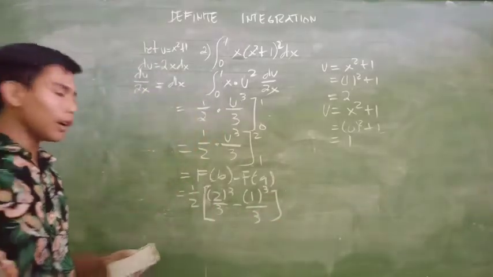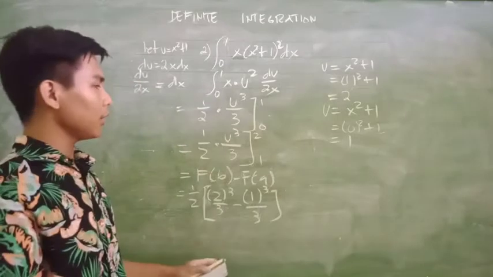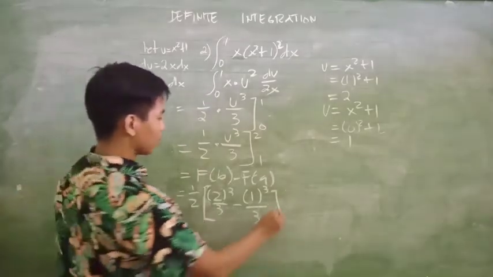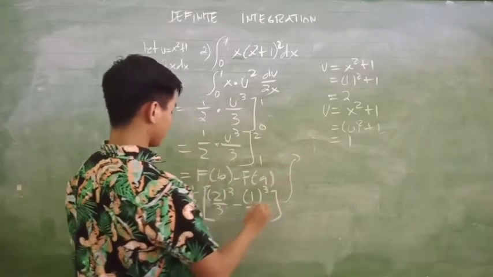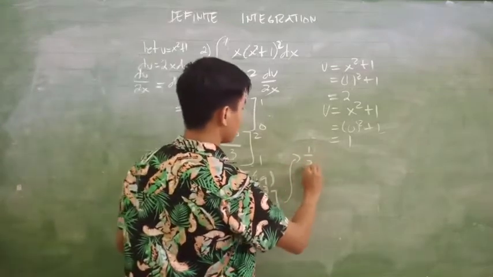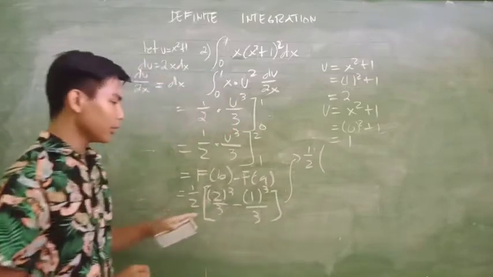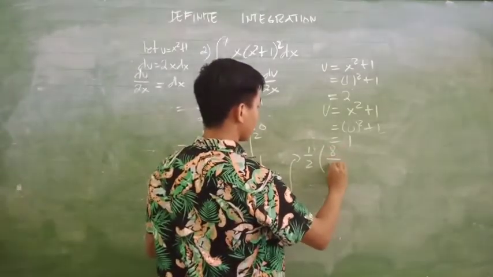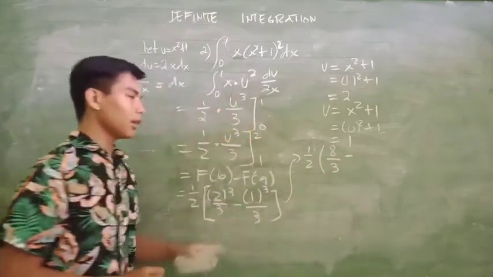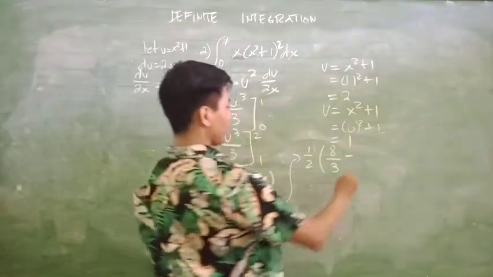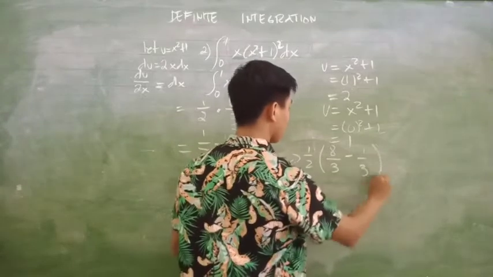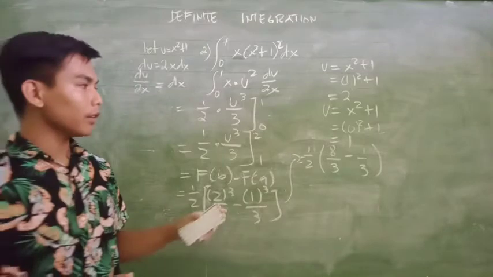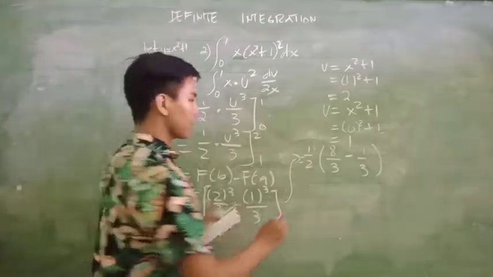So after substituting the intervals, you can now simplify your answer. This would be 1/2 times 2 cubed is 8. 8 over 3 minus 1 cubed is 1 over 3. So simplify the inside parentheses.